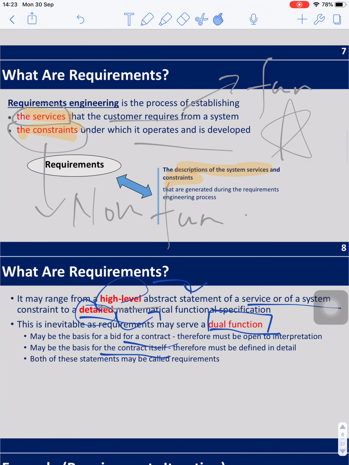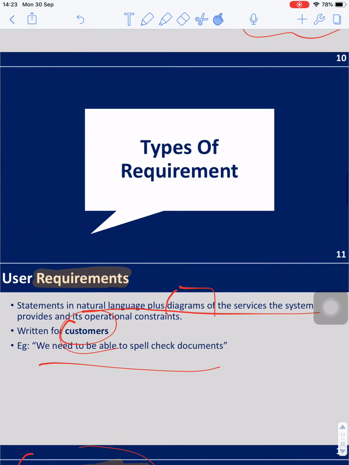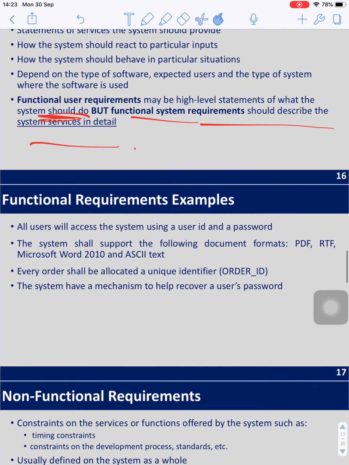The services here are very high level, and it is functional. The constraint is lower level, and it is the non-functional. This is the analogy.